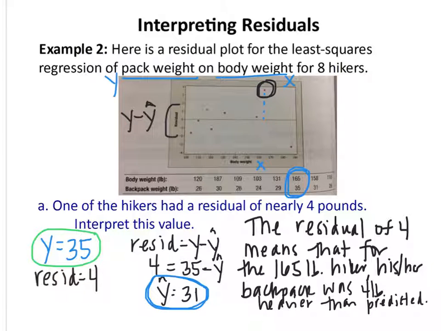We predicted that it would be 31 pounds. The actual y value was 35, giving us a residual of 4.